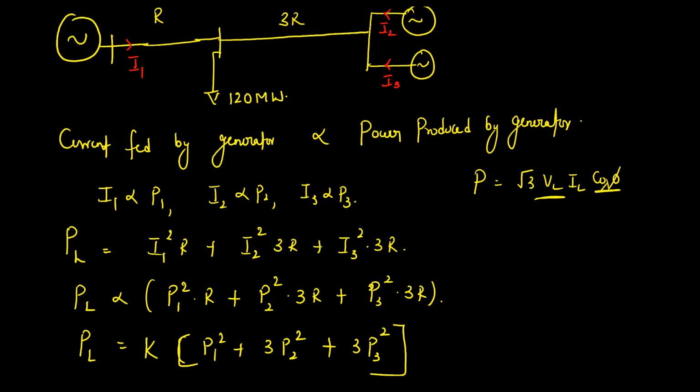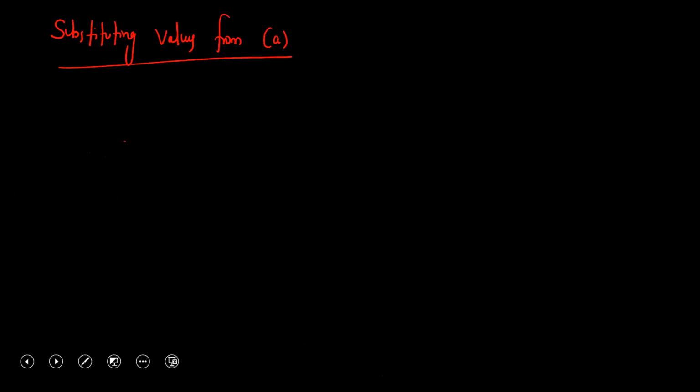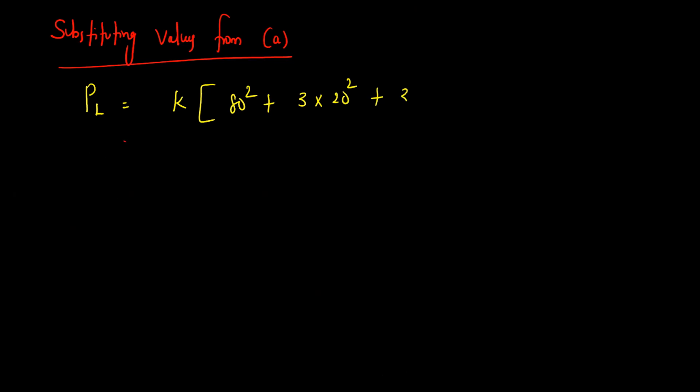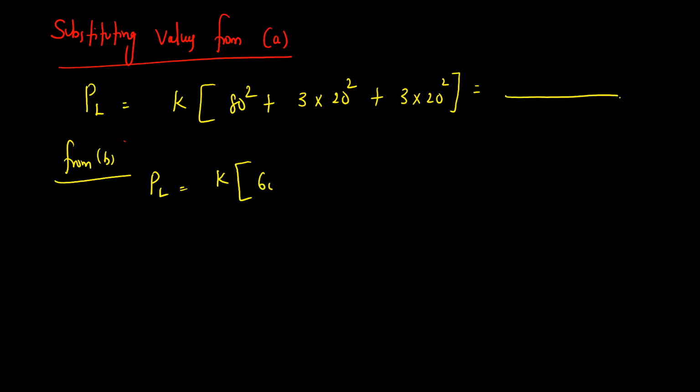So if I substitute option A: P1 is equal to 80 megawatt, so PL will become some constant K into 80 square plus 3 into 20 square plus 3 into 20 square. From option B, PL is equal to K into 60 square plus 3 into 30 square plus 3 into 30 square.